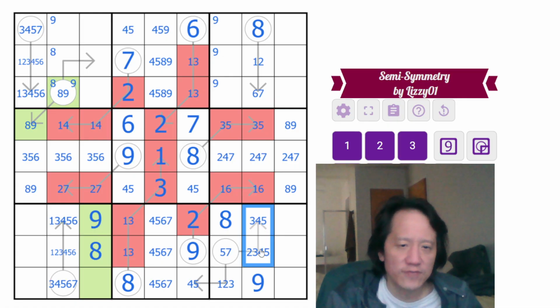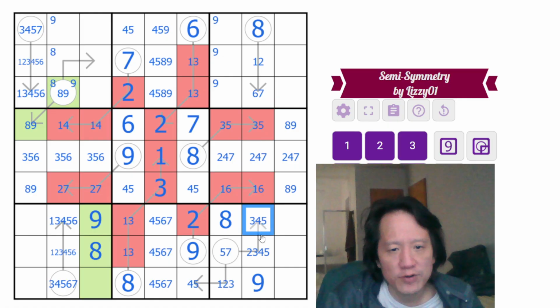Right, that's fun. Because we know the other 3 or 5 has to be here. If it's 3 and 4, this is 5. This becomes 2 or 7. This is 1. Yeah. If this is 5, this has to be 1, 4. If it's 7, it's 2 or 3 with 4 or 5.